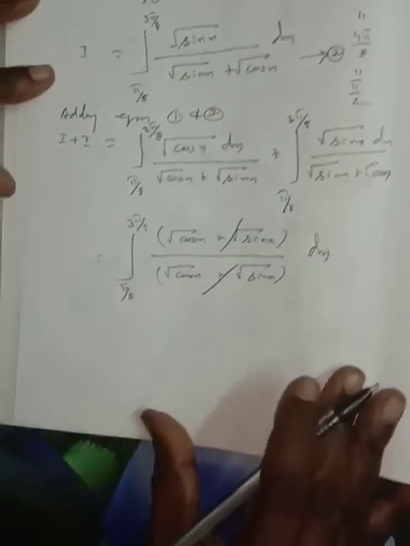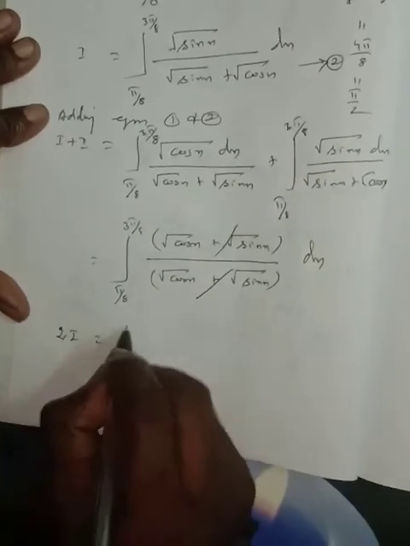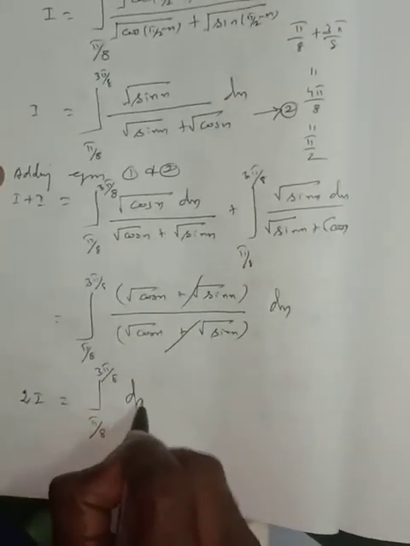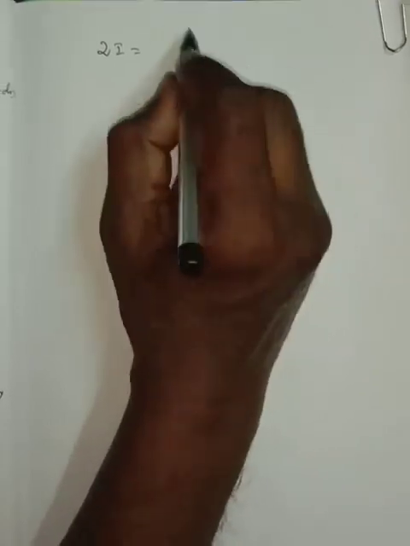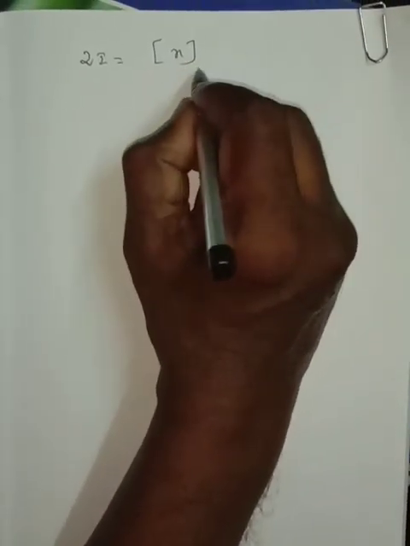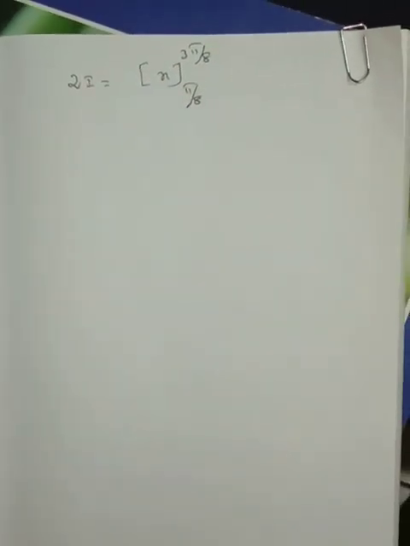Cancelling these two, 2I is equal to integral pi by 8 to 3 pi by 8 dx, which is x, lower limit is pi by 8, upper limit is 3 pi by 8.